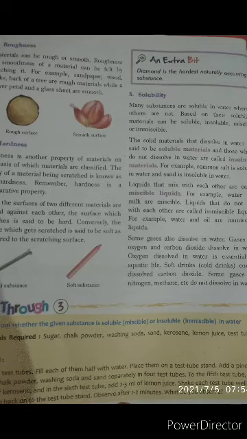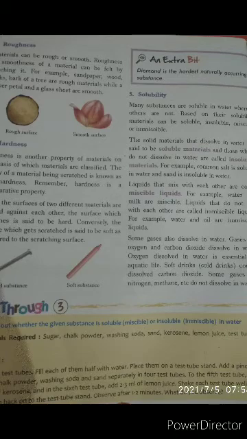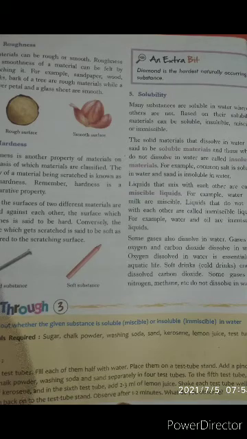For example, sand or metals. Common salt is soluble in water, sand is insoluble in water. Next one, liquids that mix with each other are called miscible liquids. Liquids also we can mix, but some liquids can't mix with each other. That is immiscible.